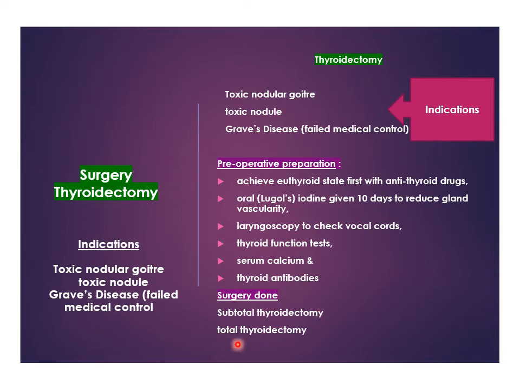In total thyroidectomy, which I mentioned before, the whole gland is removed, and this has to be followed up with post-operative thyroid replacement therapy. So in summary, the indications for surgery will be toxic nodular goiter, toxic nodule, and Graves' disease that has failed medical treatment.